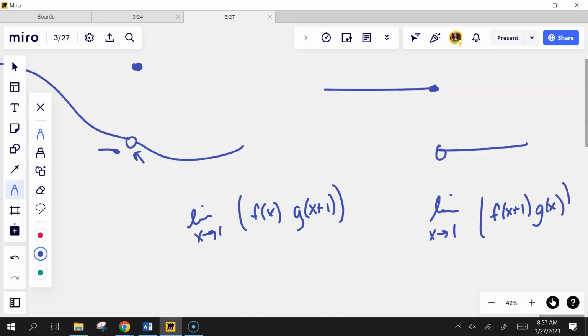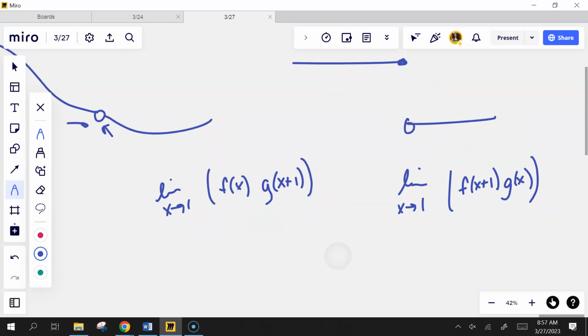So here's what I did. I said, well, let me try a substitution with this. If I plug in 1 here, so f of 1 times g of 2, I'm still not doing the limit. I'm just working inside here. f of 1 I know to be 2. And g of 2, I know to be 1.